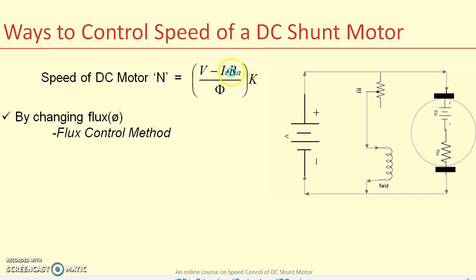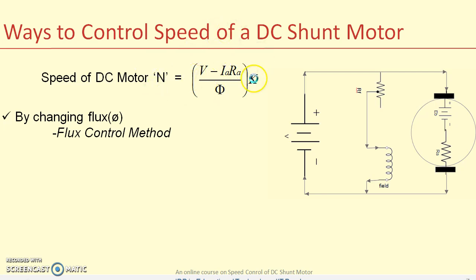If you increase this resistance, the drop in the armature circuit increases so that EB, which is V minus IA RA, decreases.